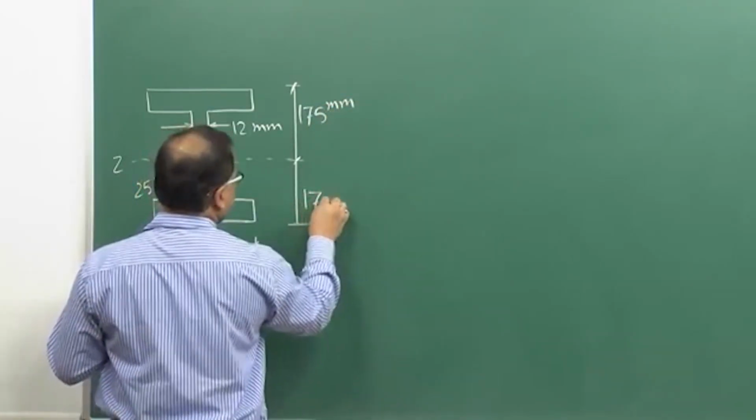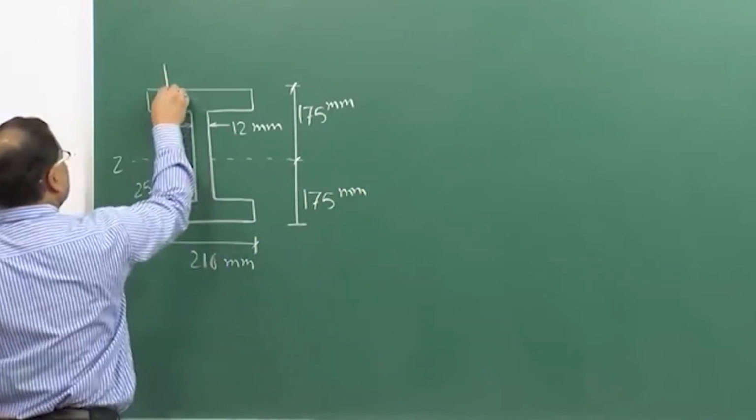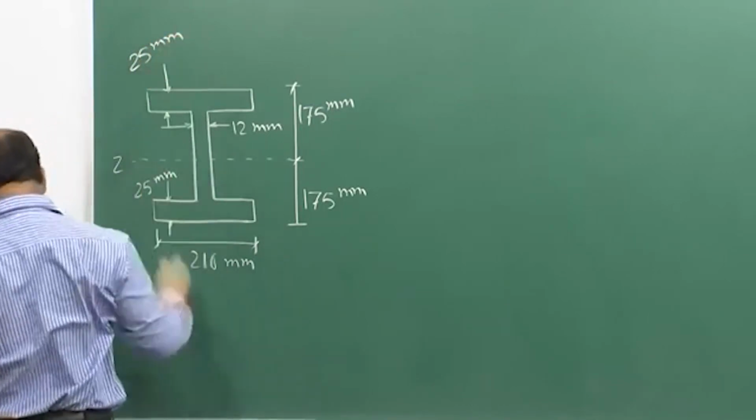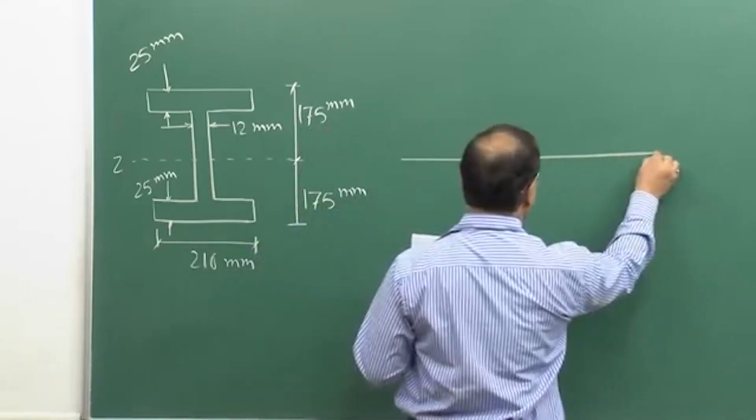This is 175 millimeter, a symmetrical cross section, this is also 25 millimeter. And the problem says this is the beam, a simply supported beam.